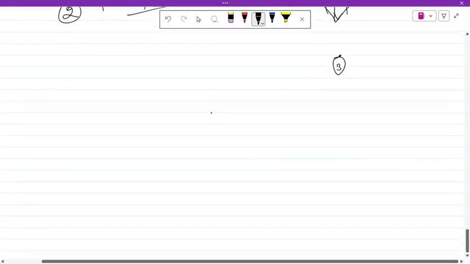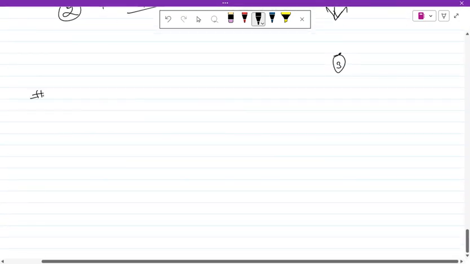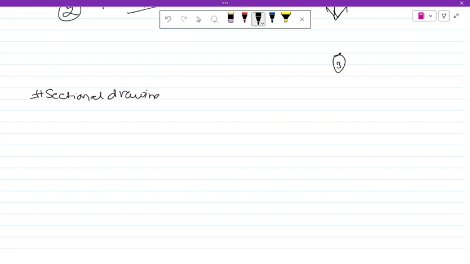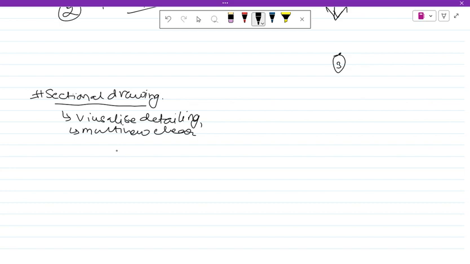Let's talk a little bit about what sectional drawing is. I have talked about the cutting plane line in the first video. To visualize detailing, to make multi-view clear, we use the section view. There are complex parts in some of the drawings, and the part details are necessary.